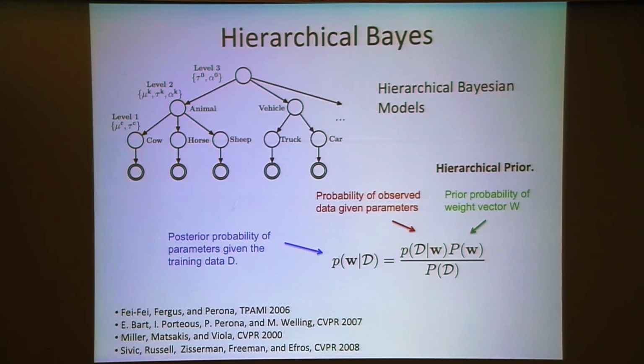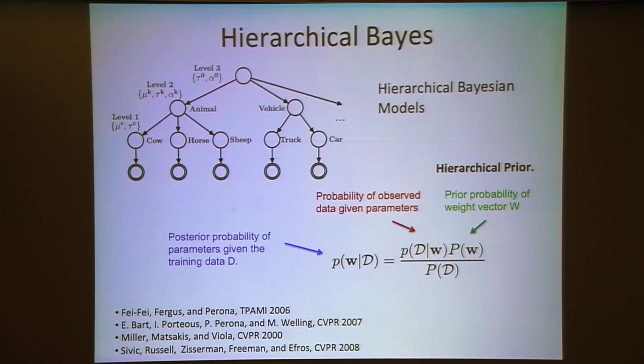Okay, so hierarchical Bayesian models, we've seen that briefly yesterday. The idea of building hierarchical Bayesian models is fairly straightforward. You define some likelihood function, the probability of observed data given some parameters, W. You typically have some prior distribution over the parameters, and you're interested in computing the posterior distribution of parameters.